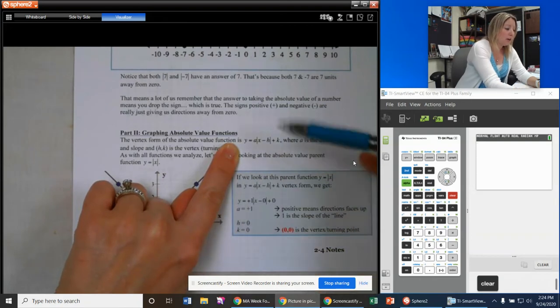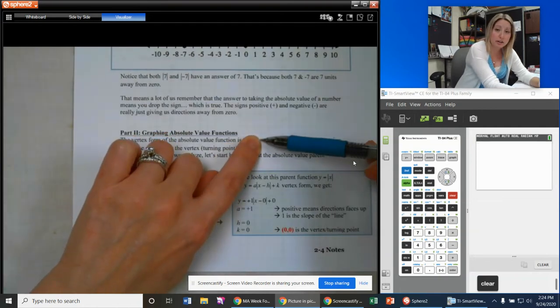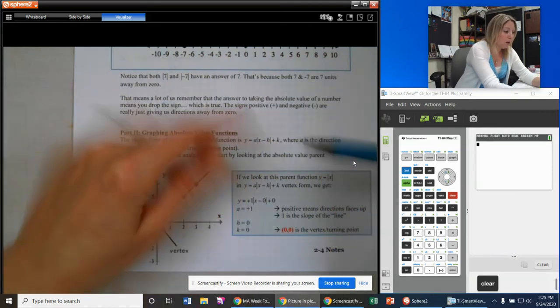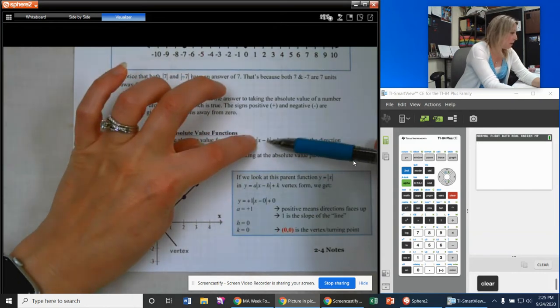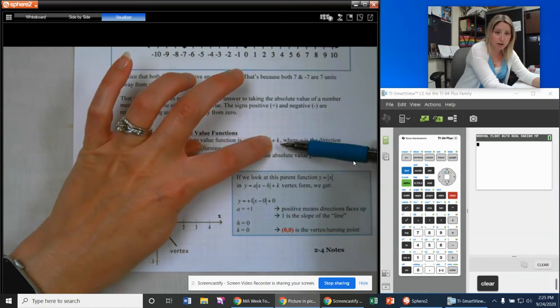Now, just like with circles and quadratics, as we'll find, the h inside is the opposite sign of the actual vertex point value. The k outside is the correct sign of the actual vertex point value. So inside is always going to be the wrong sign. It's the opposite sign of what it actually is. Outside is always going to be the correct sign of what it actually is.